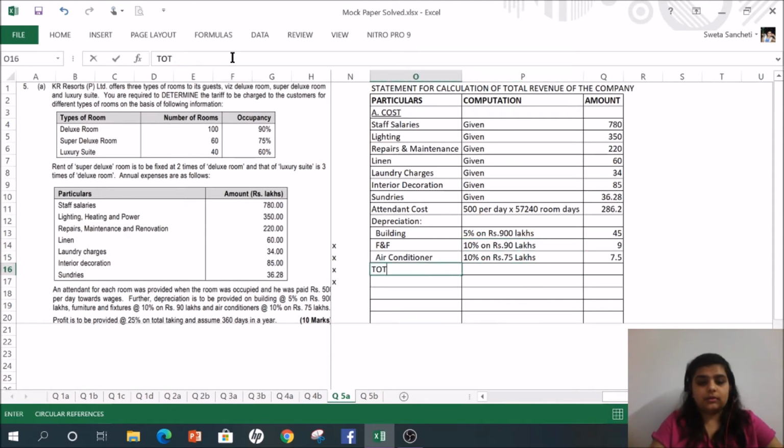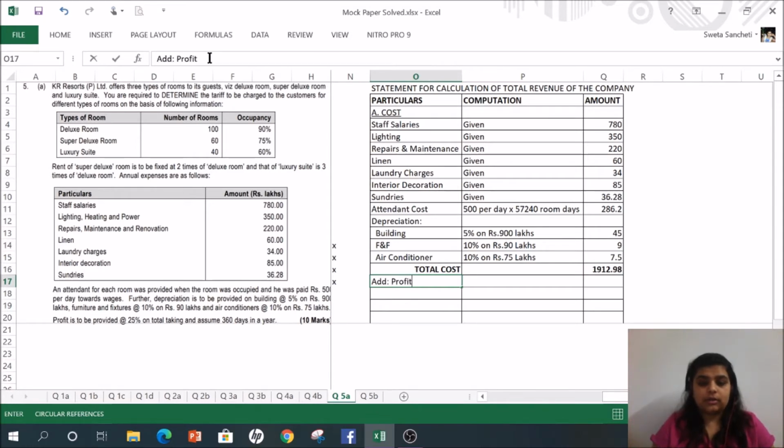So I will write here total cost. That is equal to 1912.98 lakhs. Then they are saying add 25% of profit on takings.